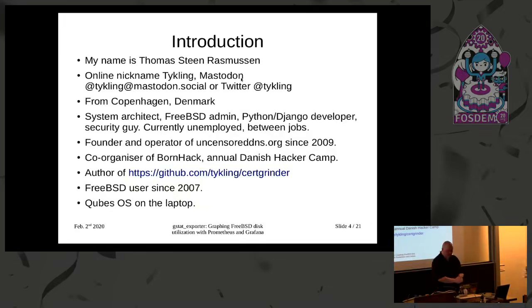I wish it was FreeBSD based, but it's Fedora and Xen based. The concept is you have different virtual machines for different contexts. So I have one for work and one for playing with the Bornhack stuff, and disposable browsers for surfing, so the VM just disappears. If you happen to click something bad, then nothing really happens. So awesome concept.